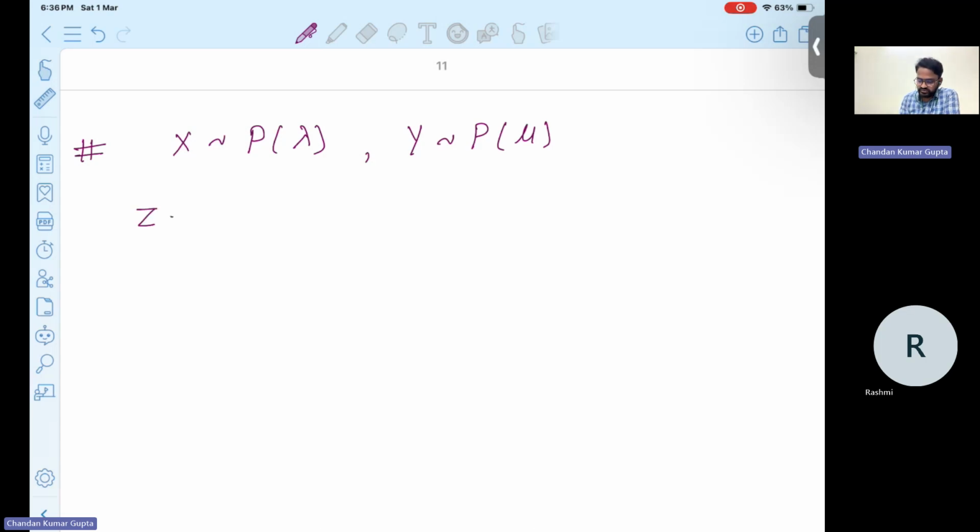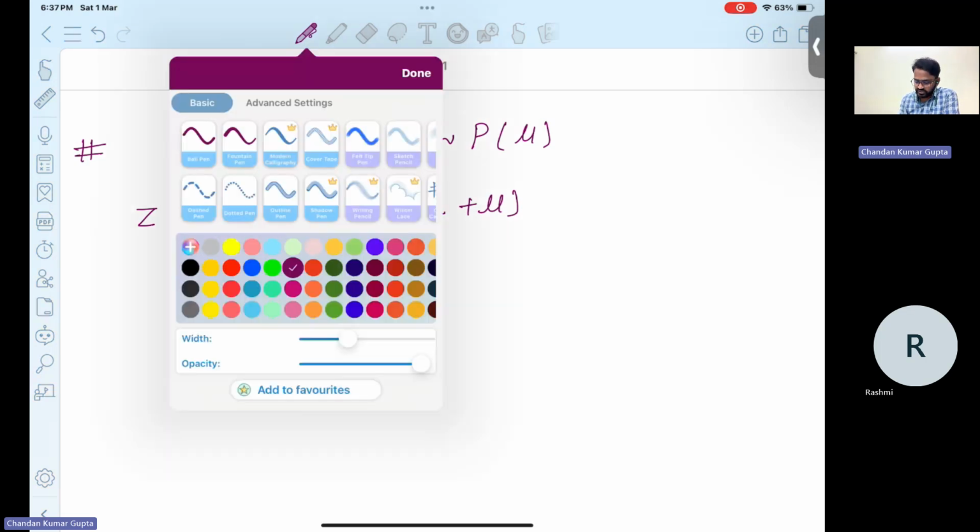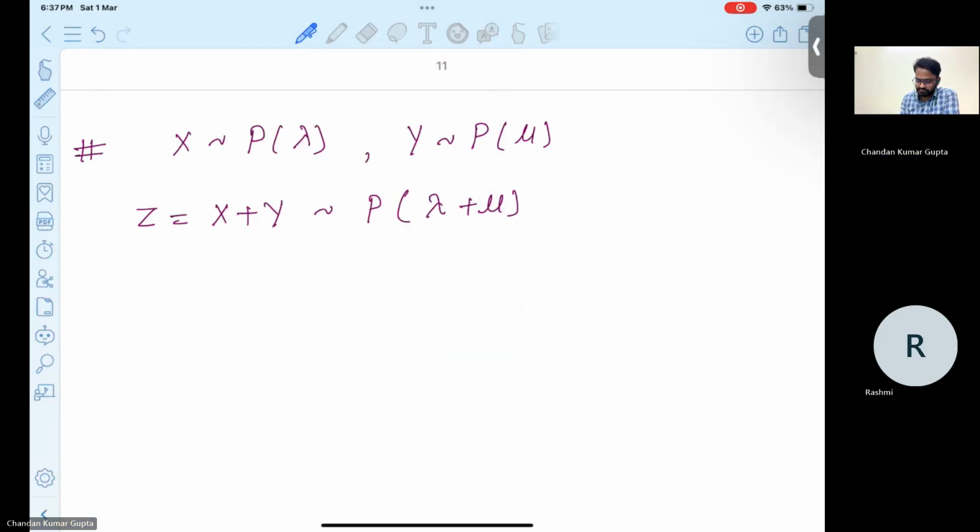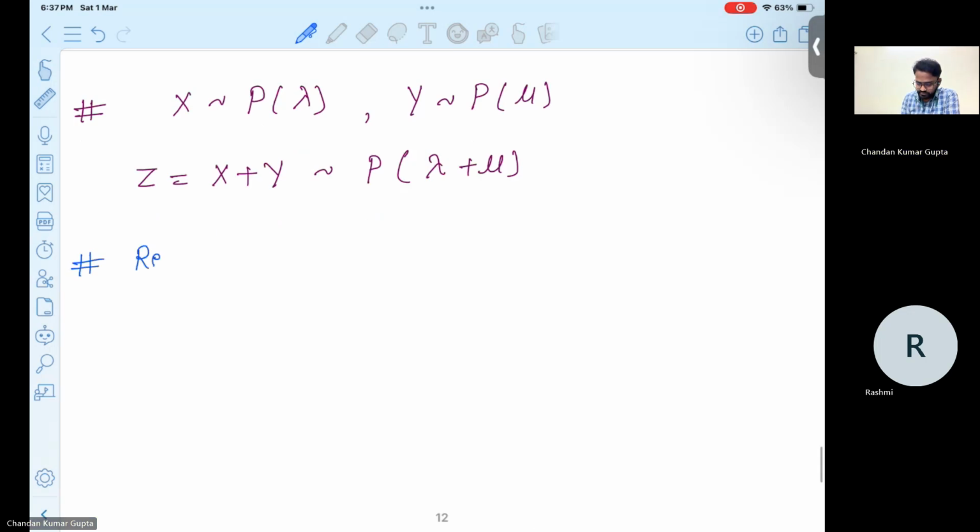Then z, defined as the summation x plus y, also follows a Poisson distribution with parameter lambda plus mu. So this is one of the properties of the distribution of these kinds of random variables, which is called the reproductive property.